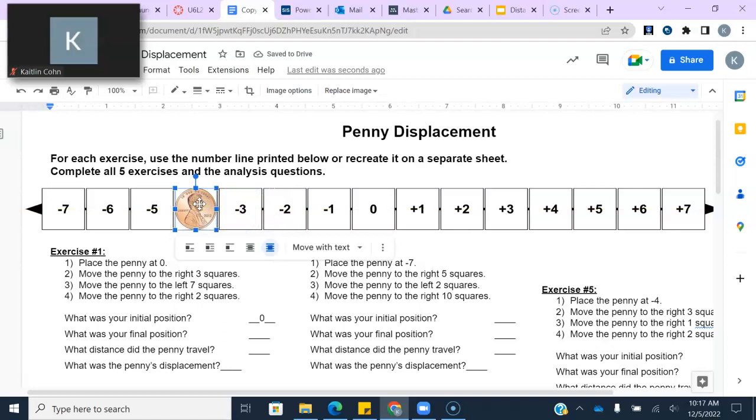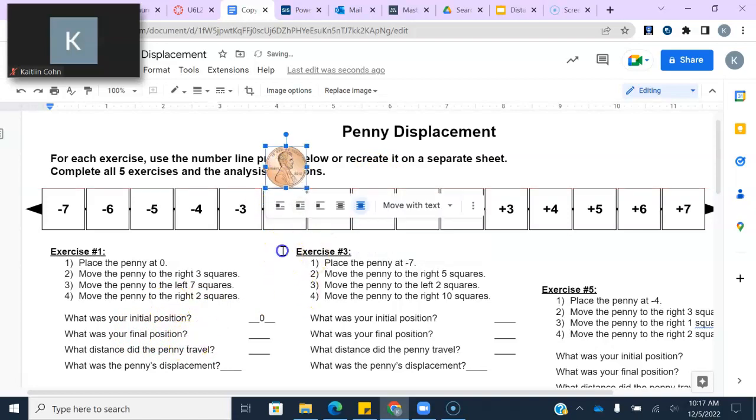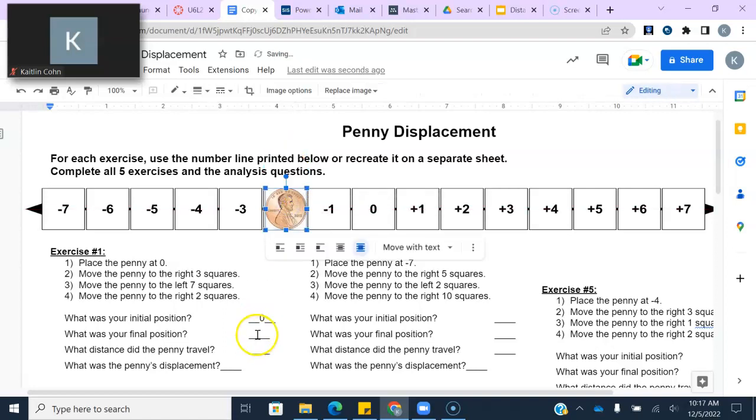And then move the penny to the right 2 squares. 1, 2. Okay. And if we don't know the difference between left and right, if you just make an L with both of your hands, the one that makes the correct L is left. Okay. All right. So that's how we move our penny. And now it says, what was your final position? So your final position is just where your penny is going to end up. So for us, it is -2. So we wound up at -2.